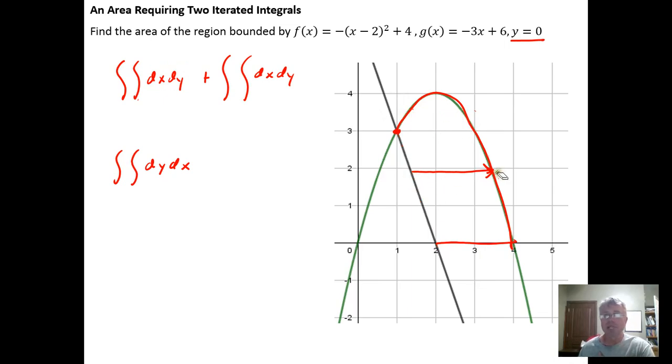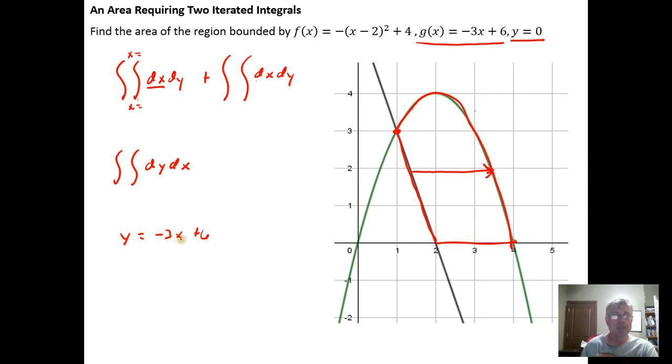So let's deal with the first part of it first. We're running from the line to the parabola. So the line that we have right here is the line y equals minus 3x plus 6. But I can't just slap that in here, because if I'm integrating with respect to dx first, I need to have x equals a function of y for my upper and lower bounds of integration.